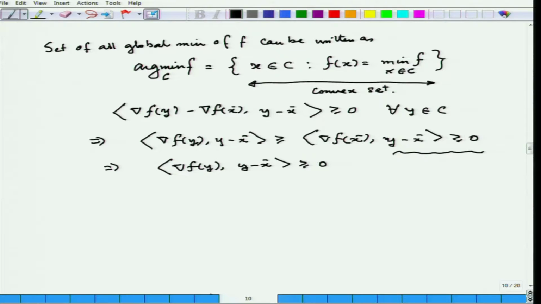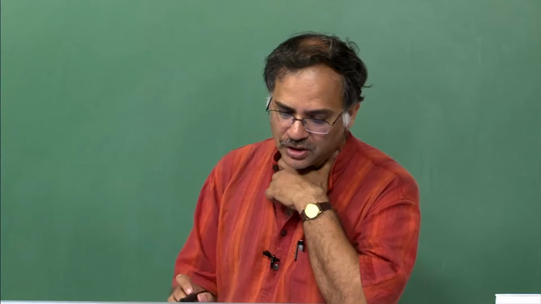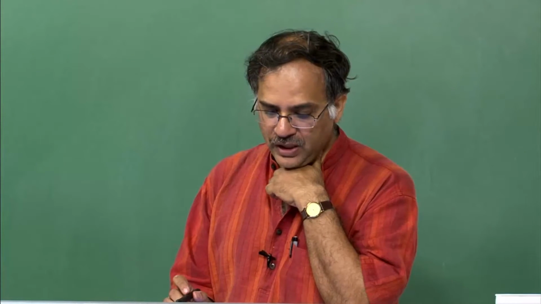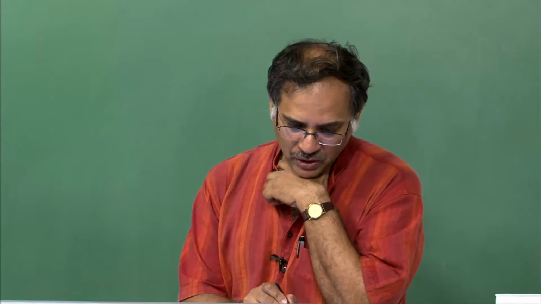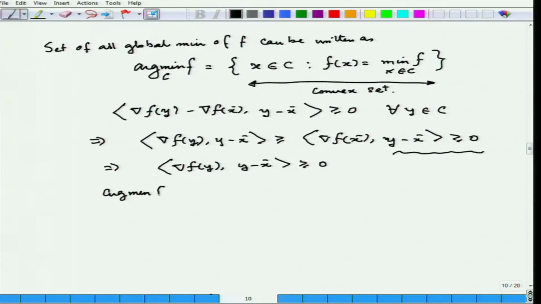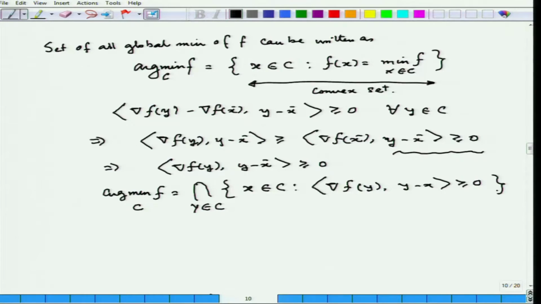So, you see, this is an alternative way of looking at the necessary and sufficient optimality condition, that is, a convex function f has a global minima at x bar if and only if this is true. So, the arg min of f can also be written as the set of x bar such that this holds for y belonging to C. Now, for a fixed y, each of these is a convex set. It is very simple to see this.